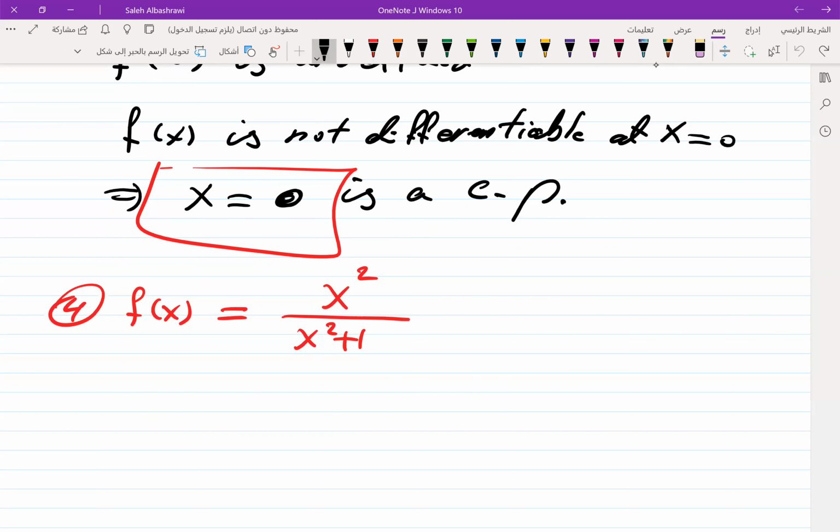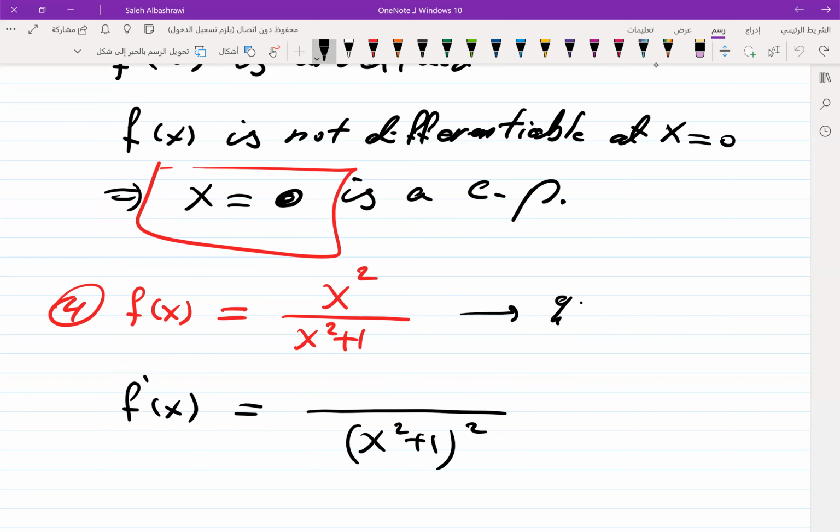Now, by the quotient rule, the derivative of this function is equal to the denominator square, quotient rule, is f prime g minus g prime f over g squared.